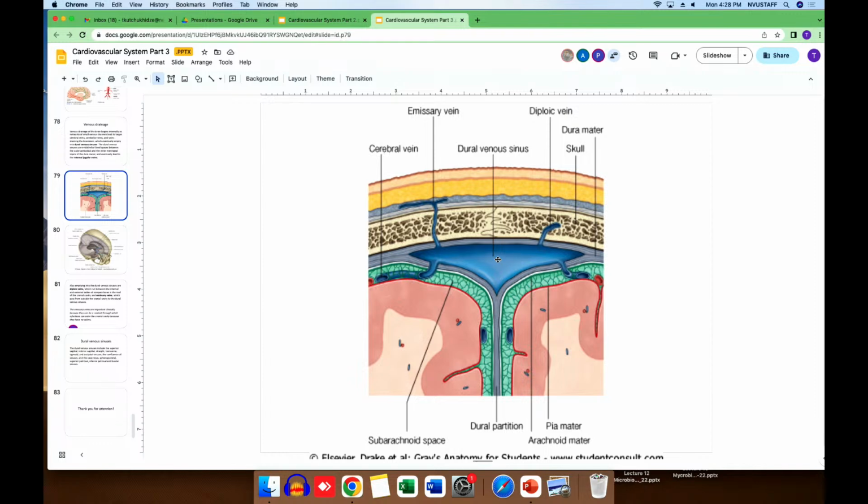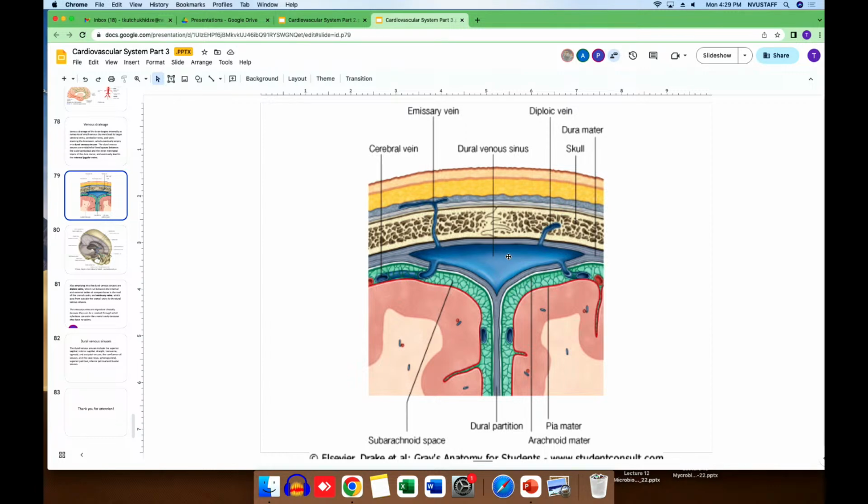Why is it important for us to know about the emissary veins? Don't forget about that, because they can conduct infections to the dural venous sinus. If you remember from physiology, we mentioned that veins have valves, right?